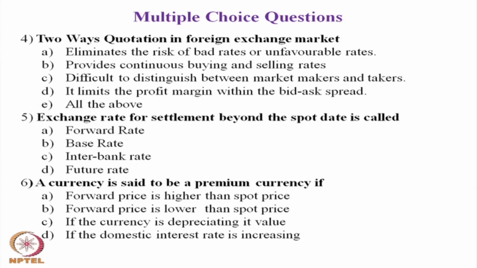The answers are: A, eliminate the risks of bad rate or unfavorable rates, B, provides continuous buying and selling rates, C, difficult to distinguish between market maker and market takers, D, it eliminates the profit margin within the bid ask spread, E, all the above. Mark the answer, keep it with you.